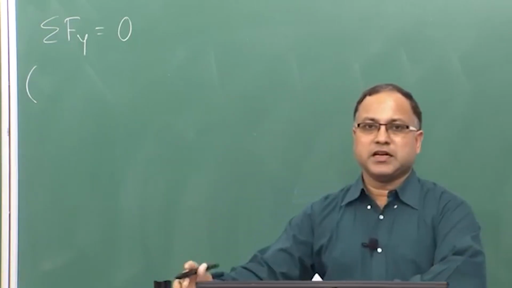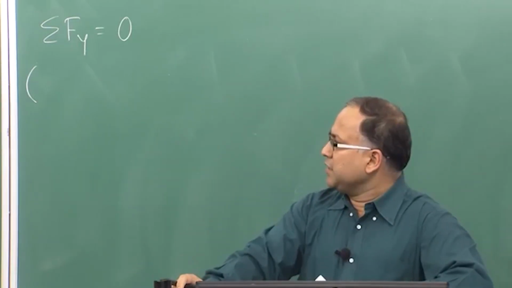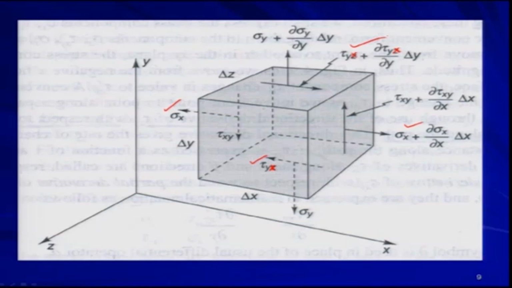What are the forces? Let us identify the forces acting along the y direction, starting from the negative x face. This tau xy is acting along the y direction. Sigma y plus del sigma y by del y delta y is acting along the y direction on the positive y face.